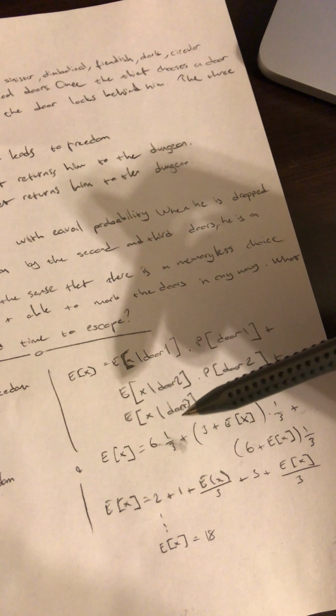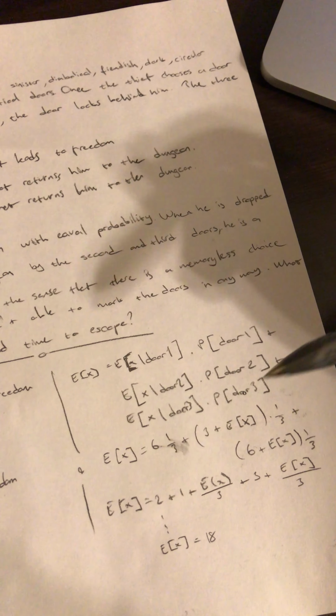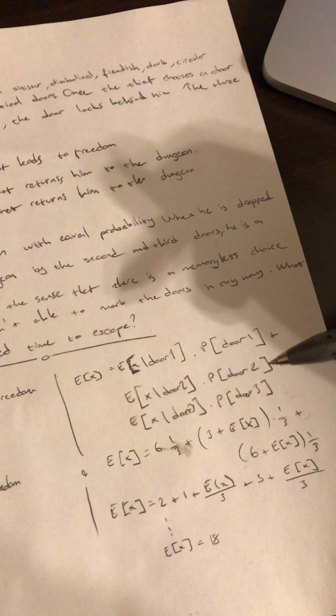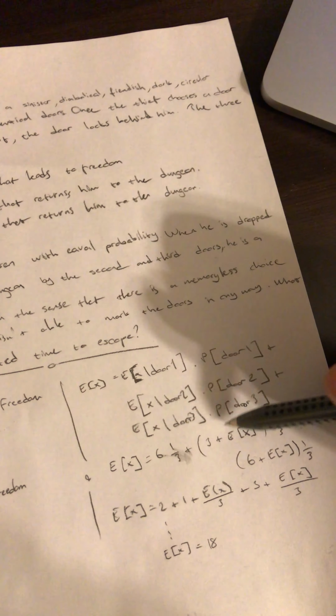Finally, the expected value of x given he chose door 3, which had the long tunnel associated with it, times the probability of choosing door 3.